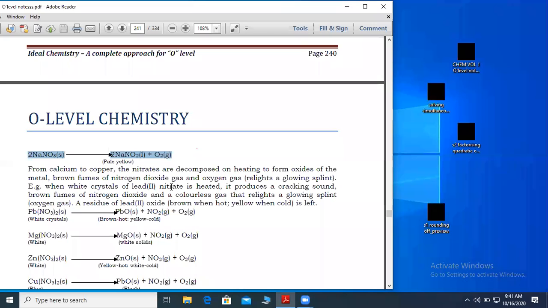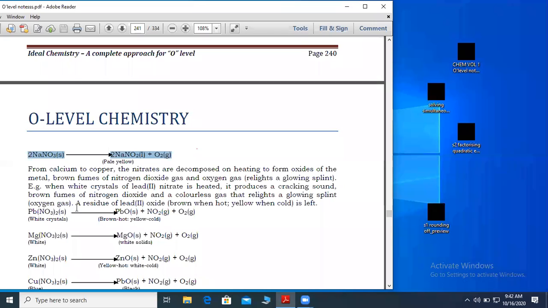However, all the other divalent nitrates, I mean those nitrates whose valence is 2, when they are heated, they form oxides, nitrogen dioxide plus oxygen. For example, lead-2 nitrate, we even looked at this when we were looking at preparation of nitrogen dioxide. It forms nitrogen dioxide plus the oxide plus oxygen. So the difference is group 1 nitrates form nitrites and oxygen.